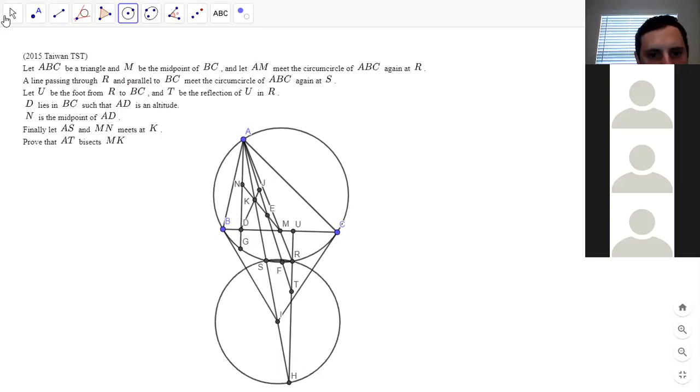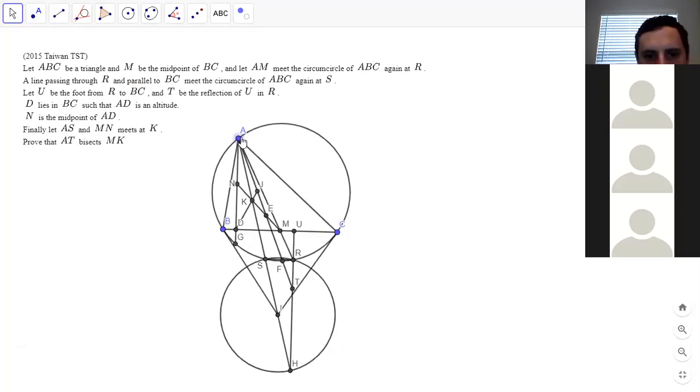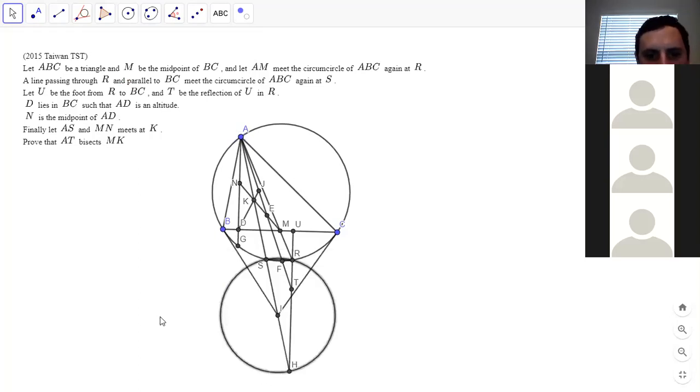Oh, is that obvious actually? I think that's obvious. So I is the midpoint of HS. Does UR equal RT? Yes, that's true by definition because T is the reflection of U over R.